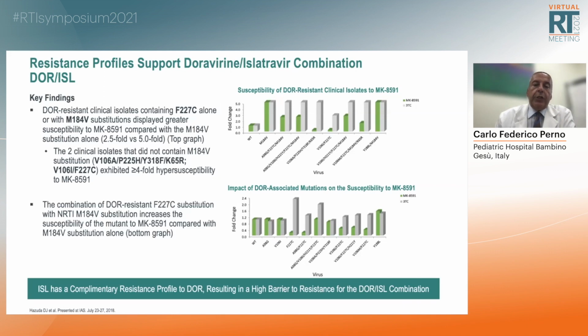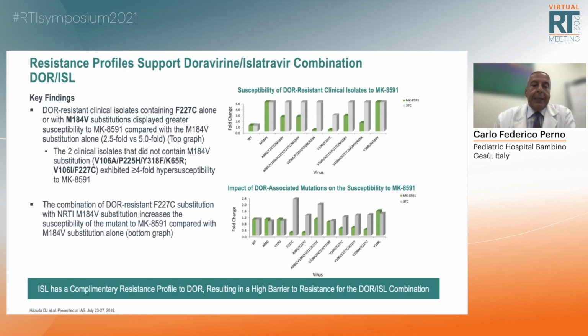Essentially, the mutations generated by doravirine and those generated by islatravir seem to have a counter effect in terms of resistance. In other words, the mutations produced by doravirine, like the 227C, and the mutation induced by islatravir, which can be the 184V, seem to increase the efficacy of the other drug.